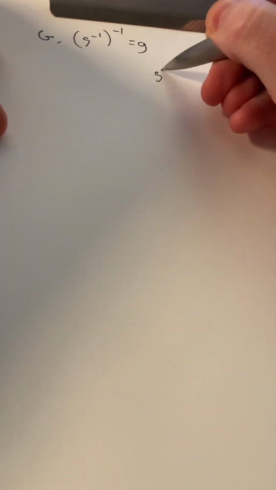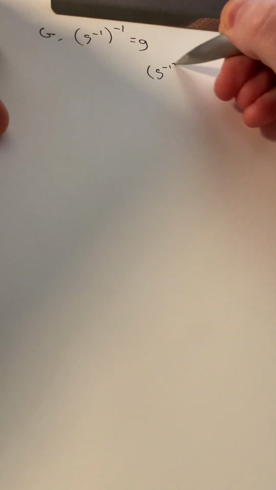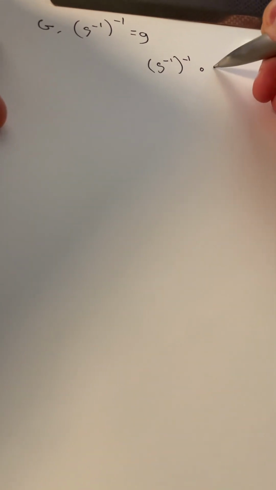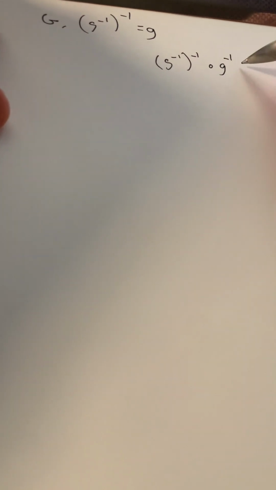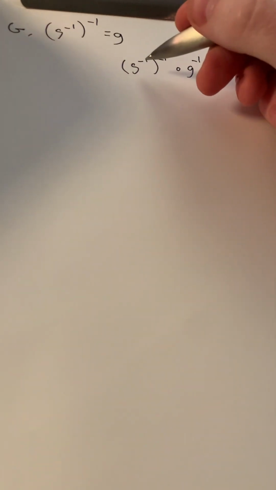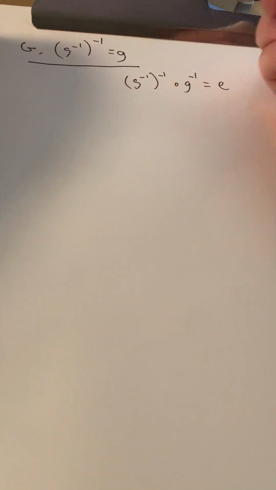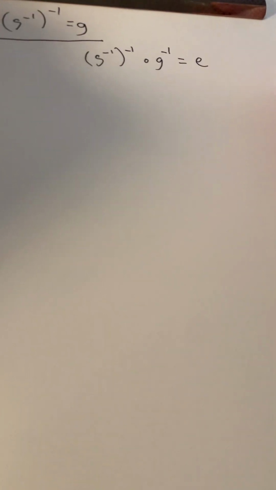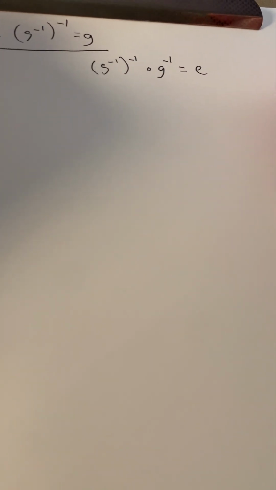G inverse composition G inverse is equal to E. Okay, don't get confused off the front here. This is just based on this. So what we're doing is we're supposing this particular thing to be true, right?